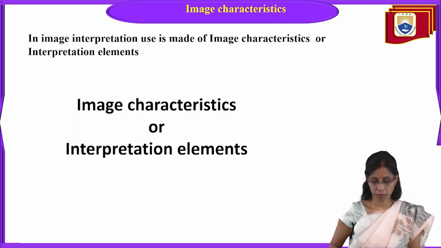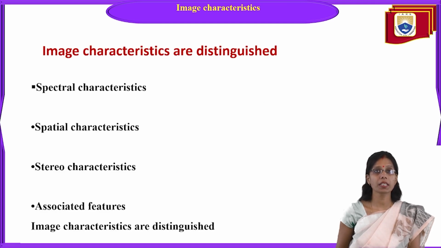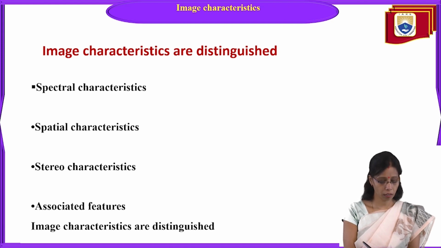Okay. Now image characteristics. The image interpretation use is made of image characteristics or interpretation elements. So image characteristics and interpretation elements is what are the characteristics of the image we have. Image characteristics are basically distinguished into spectral characteristics, spatial characteristics, and stereo associated features.